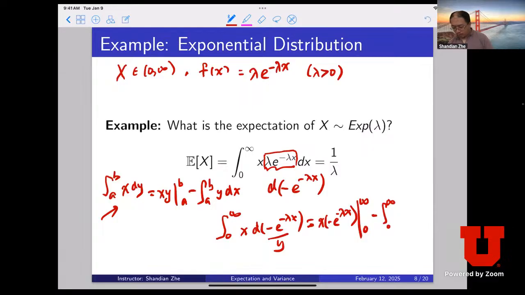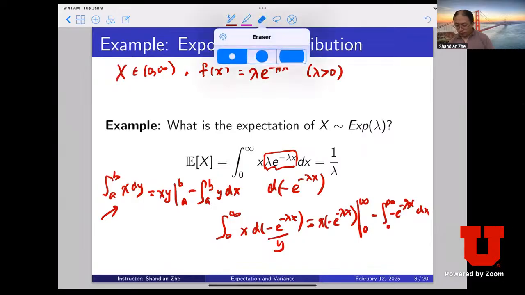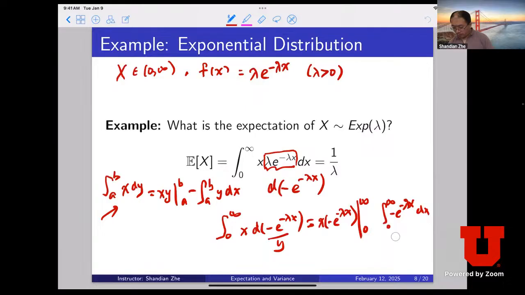So y here is minus e to the minus lambda x, dx. Does it make sense? You have two minuses, so they cancel and you can remove this.